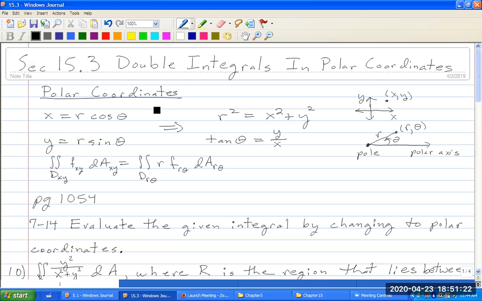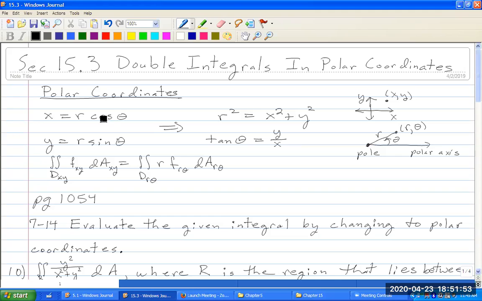Then I can relate polar coordinates back to rectangular coordinates as follows. If I just square each of these, x squared plus y squared is r squared cosine squared plus r squared sine squared, factoring out the r squared, I get cosine squared plus sine squared, which is 1. Therefore, my relationship is that r squared is x squared plus y squared.